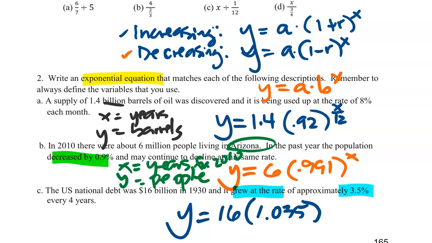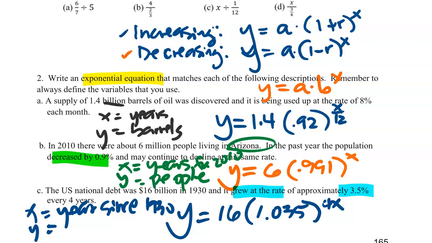Oops, every 4 years, so have it x/4, where x is years since 1930, and your y is the national debt in billions. Okay.